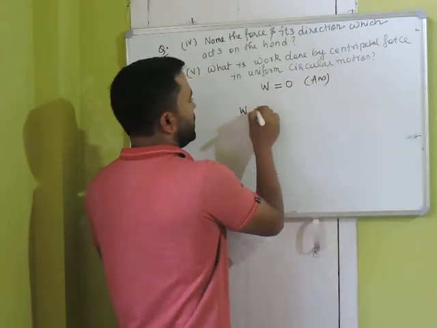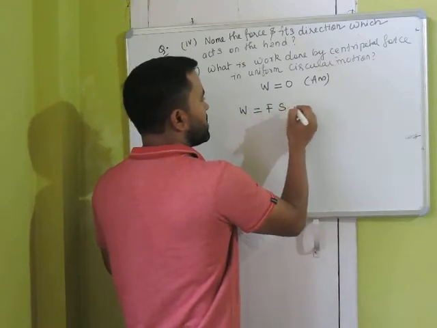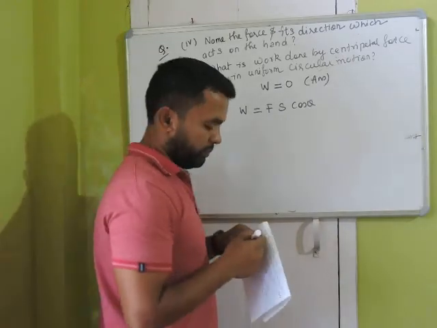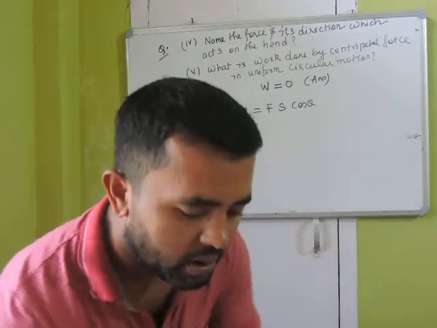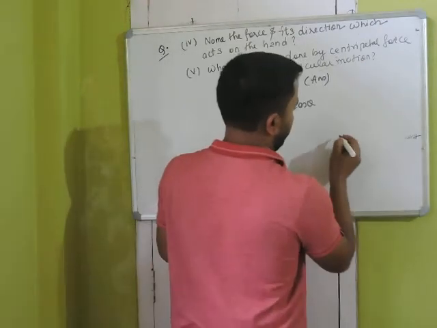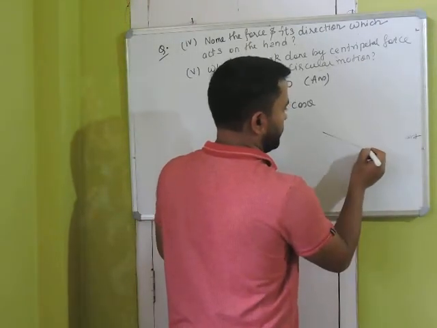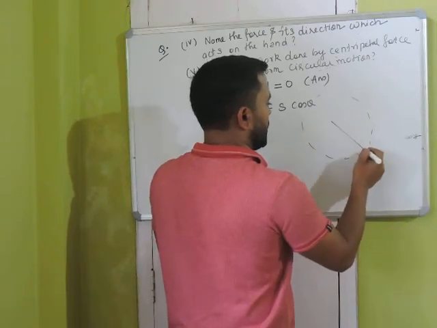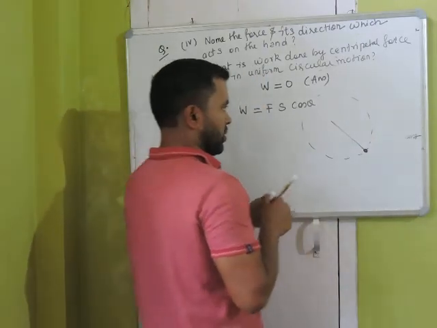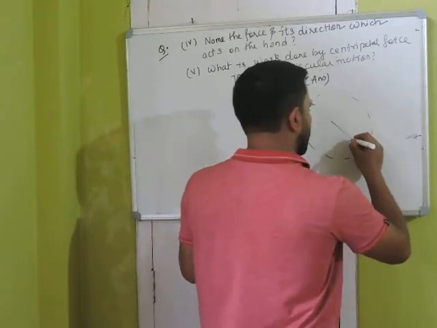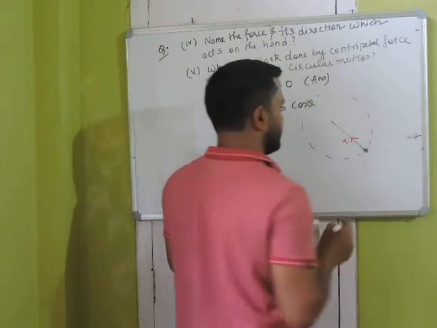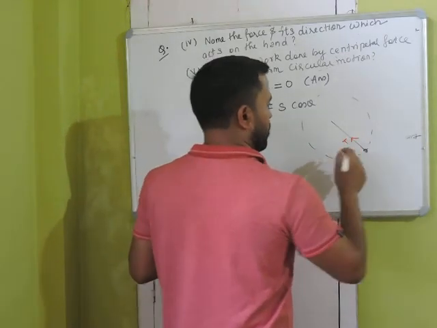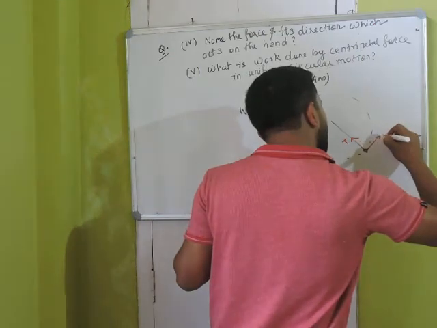Now work done is force into displacement into cos theta. Right. Now if a body goes in a circle, the centripetal force on the body we are considering is the tension, so this is our force F. Now velocity is always tangential.